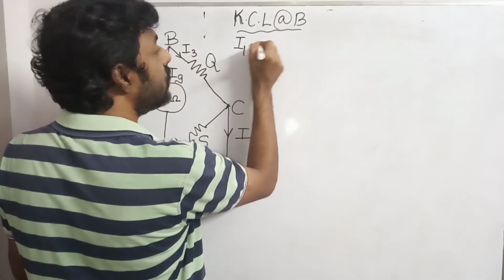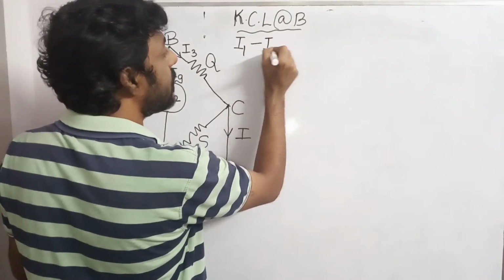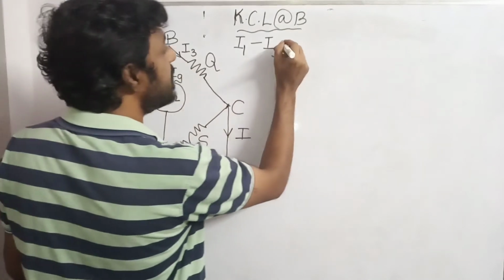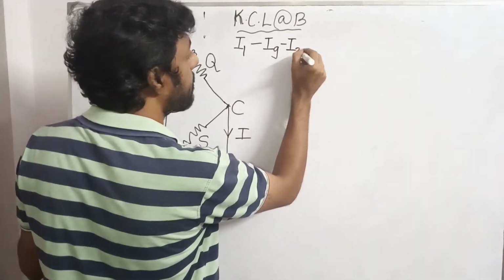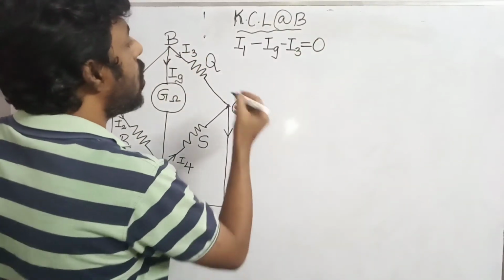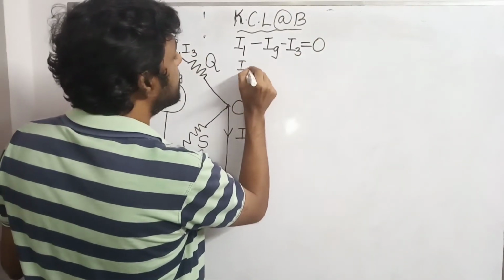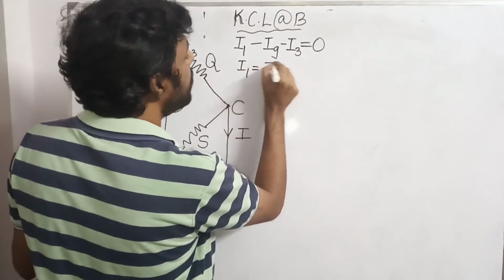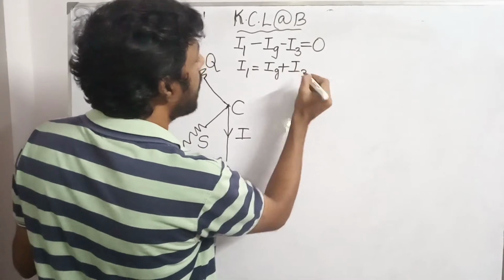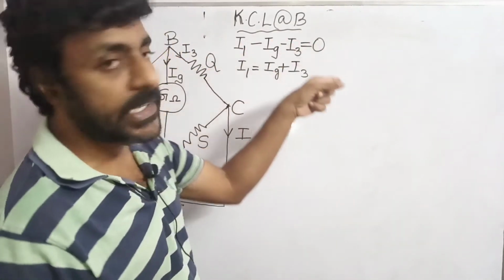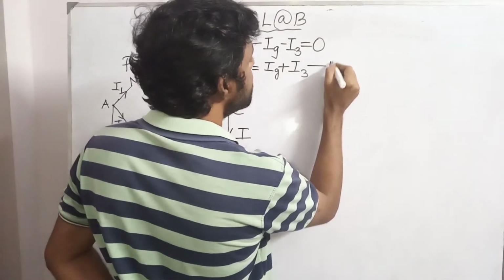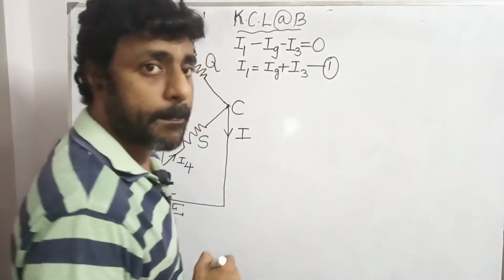Since they are moving out of the junction, I am assigning a negative sign to both: I1 minus IG minus I3 equals 0. Now I1 is nothing but IG plus I3. I am bringing both the quantities to the right hand side. I am going to name this as equation number 1.